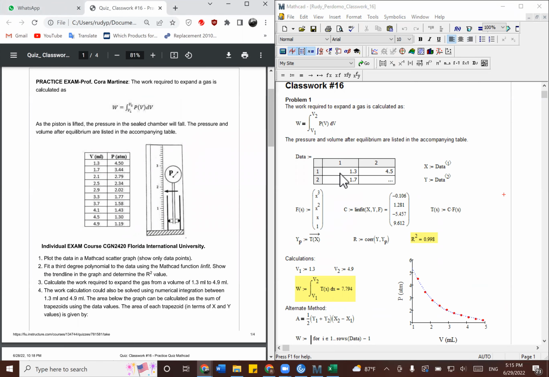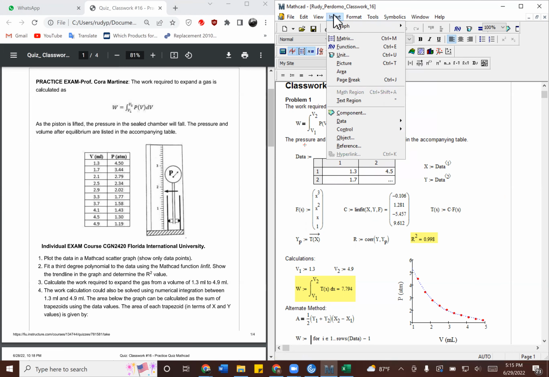and then you would insert a data table. I think it's insert, then data, and then table.